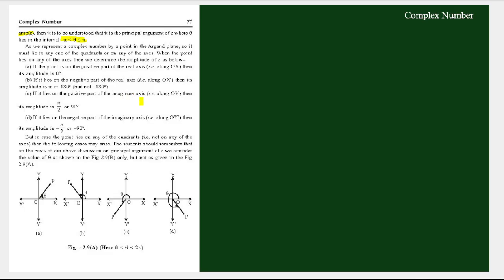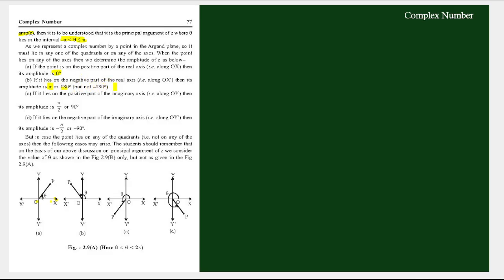So let us see how that is. This is our point a on the positive part of the real axis along OX, then its amplitude is 0 degrees.